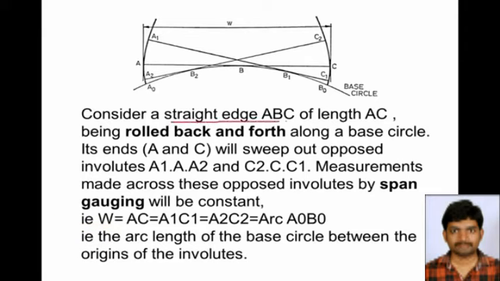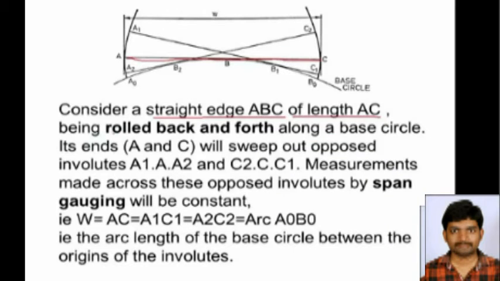Now consider a straight edge ABC of length AC being rolled back and forth along the base circle, and its ends A and C will sweep out opposed involutes A1, A2 and C2, C, C1.